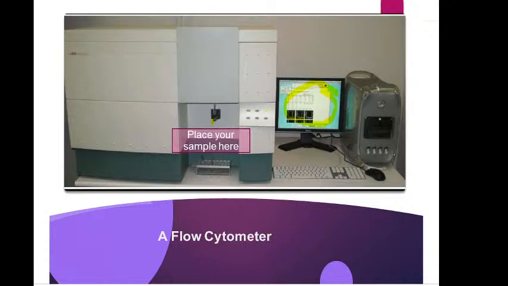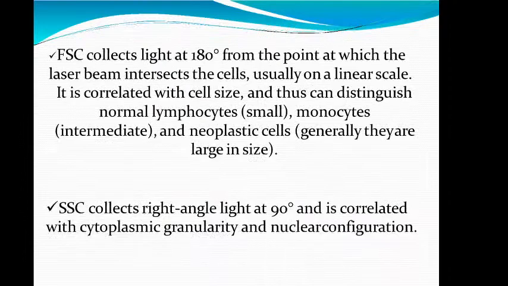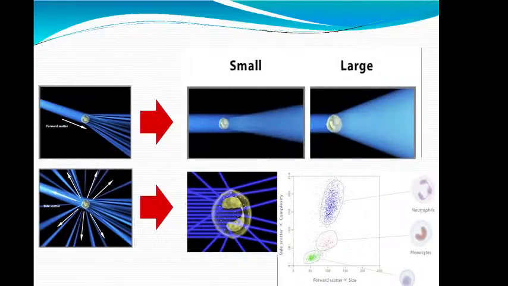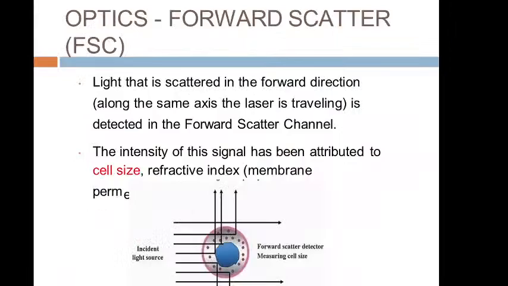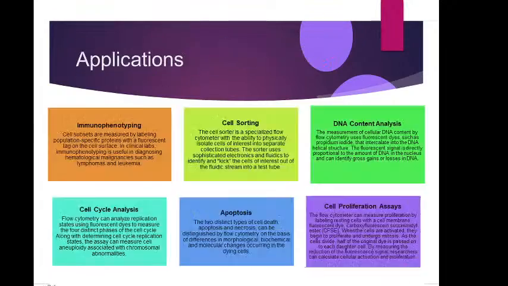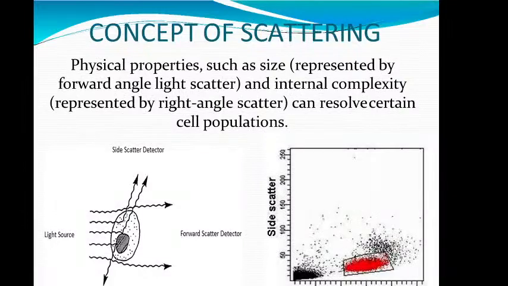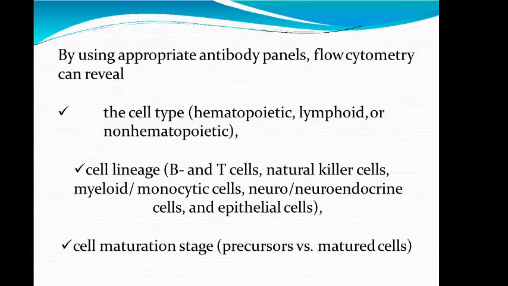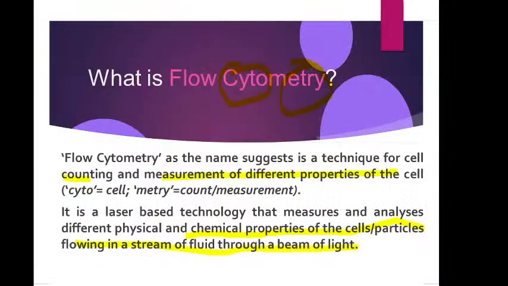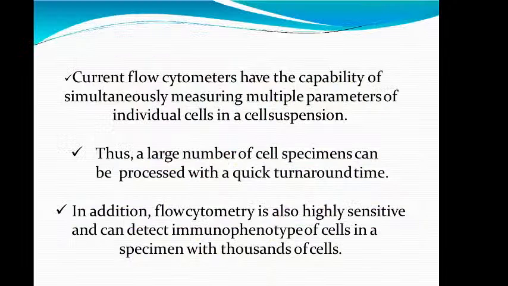From those graphs you have to understand the results. So this is the flow cytometry apparatus. In it we have the machine in which we put the sample, and all the results will come here in the computer in the form of graphs.